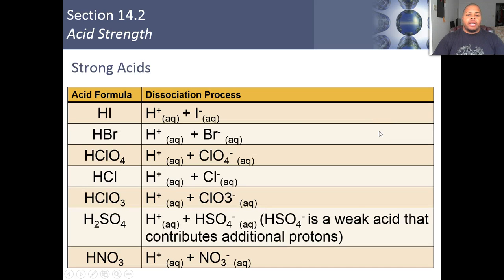Okay? Now, just as a quick reminder, I wanted to point out our strong acids and strong bases. When each of these breaks down, this is the dissociation process that we're going to associate with them. So these are 7 strong acids, from hydroiodic acid, hydrobromic acid, and so forth down the list. You want to make sure you memorize these, and this is how they'll break down.